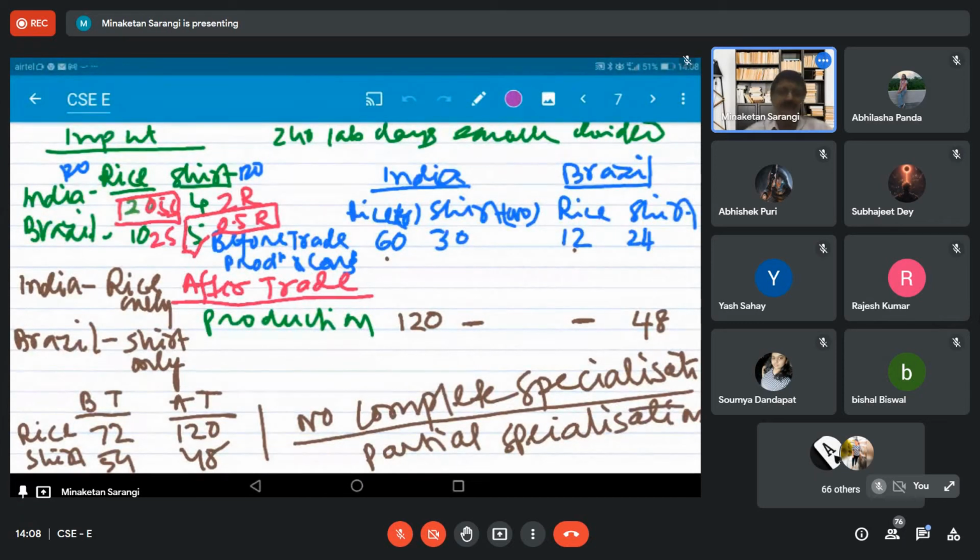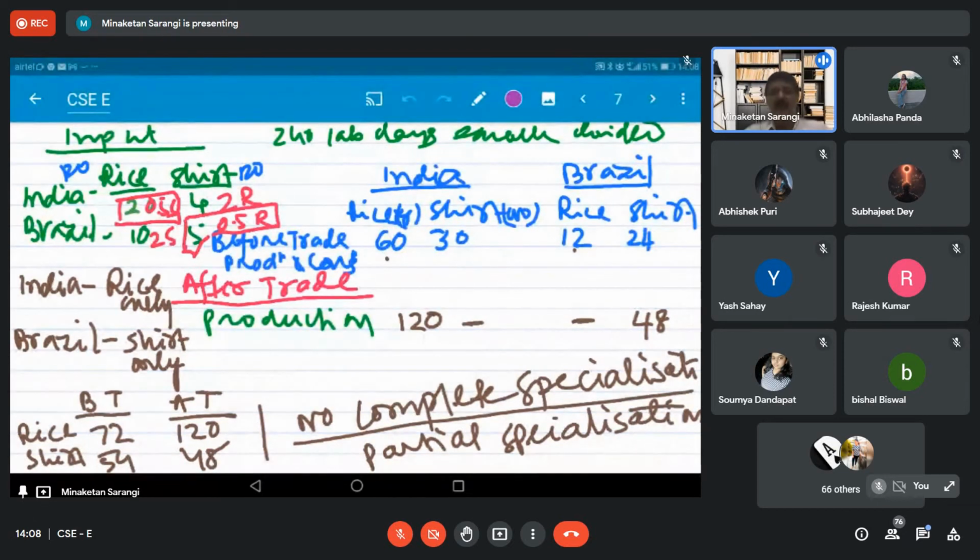Similarly, for Brazil, the opportunity cost of rice is equal to 10 by 5 or 2 sacks, and for sack this will be 5 by 10 or 0.5 rice.